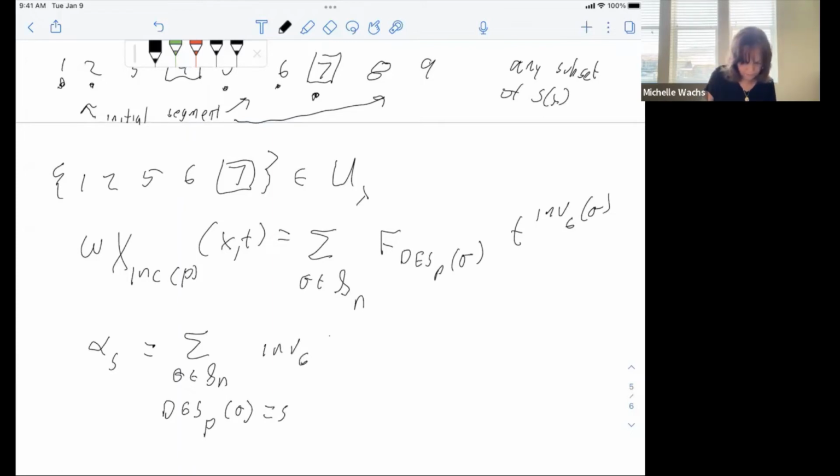Okay, so that's the coefficient of the fundamental F sub S. Okay, this is a sigma.